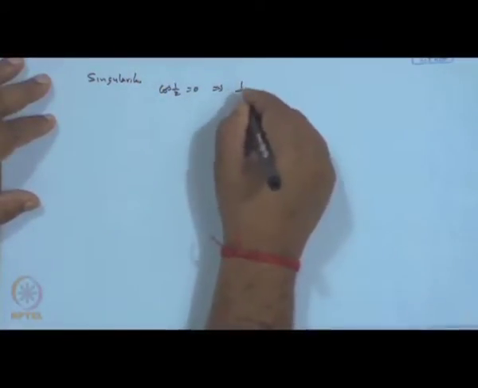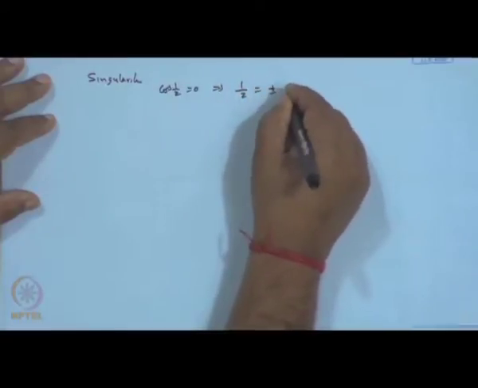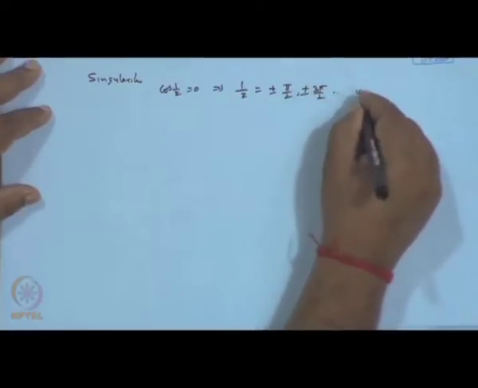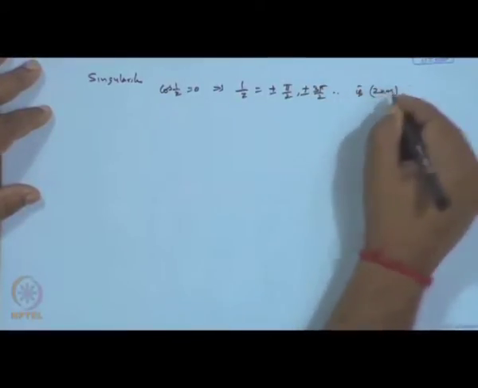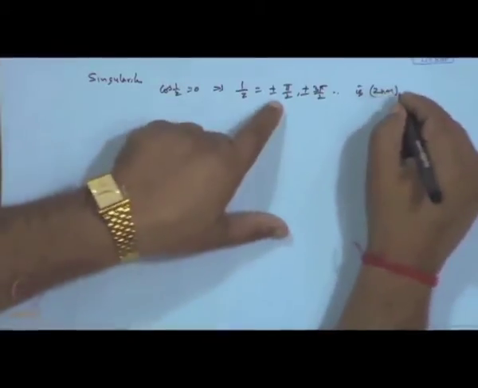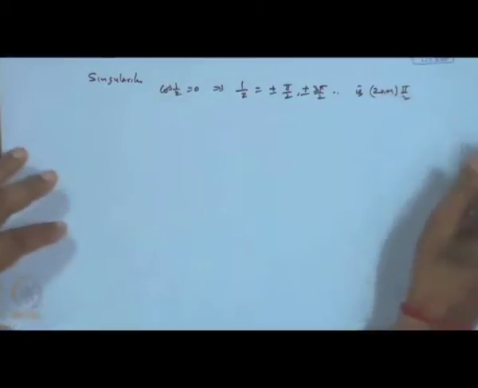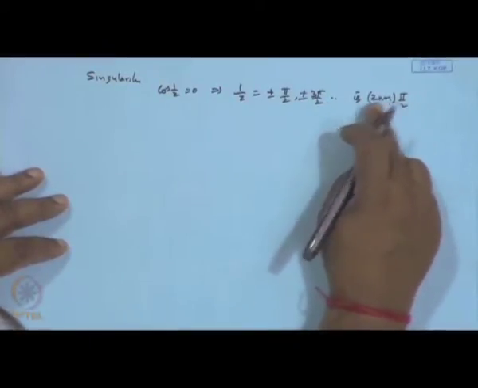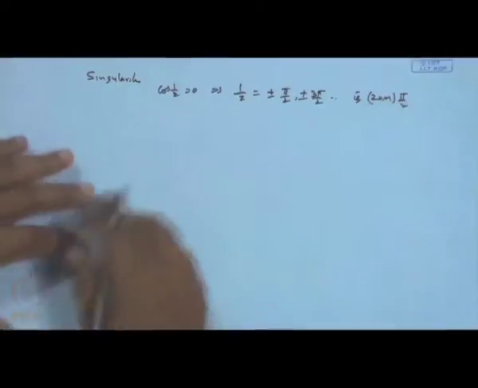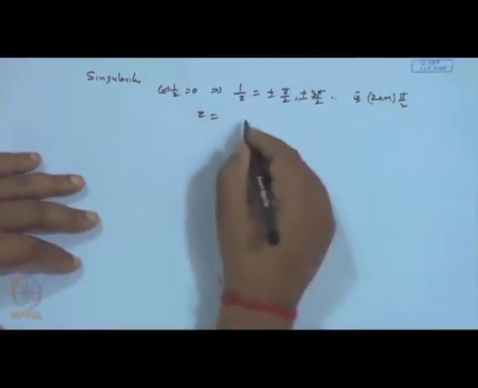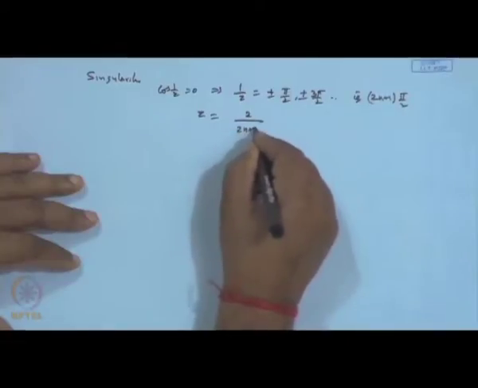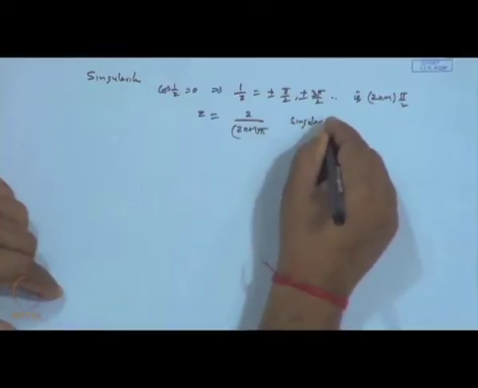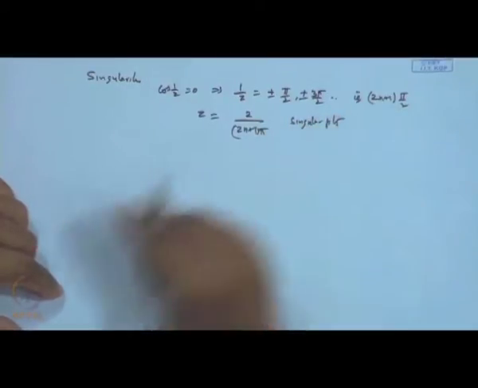It means 1 by z must be an odd multiple of pi by 2, that is 2 n plus 1 times pi by 2, where n is 0, 1, 2, 3 and so on. Now z becomes 2 over (2 n plus 1) pi. These are the singular points of this function.